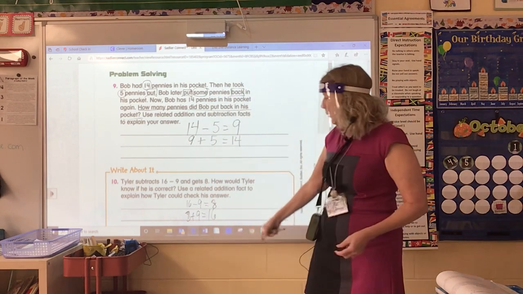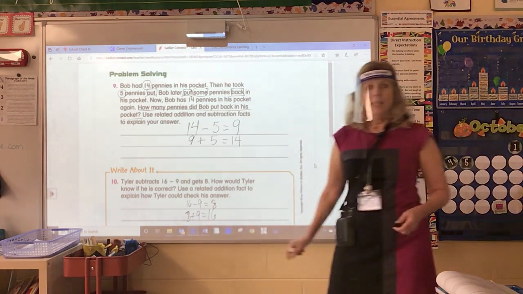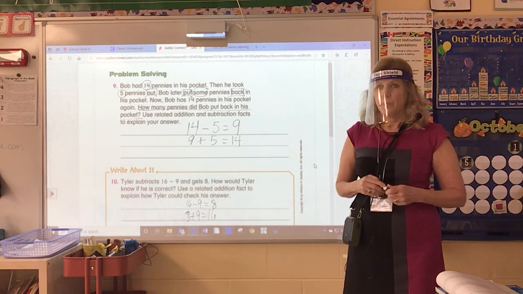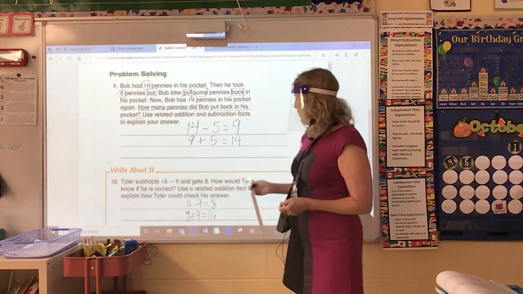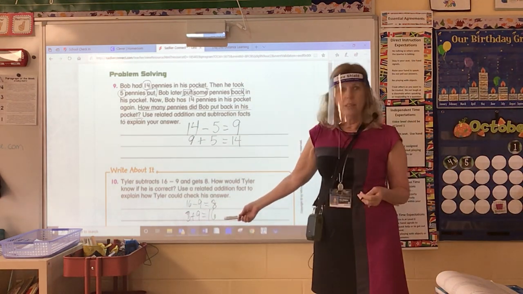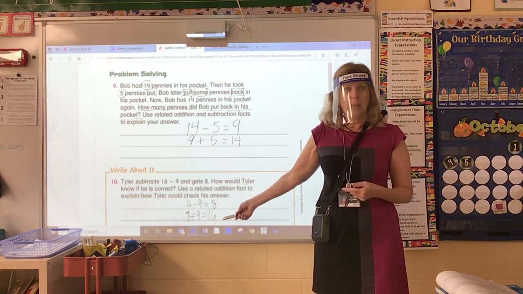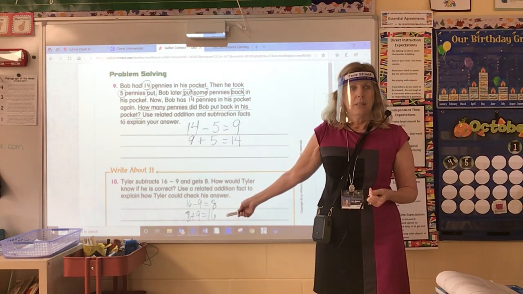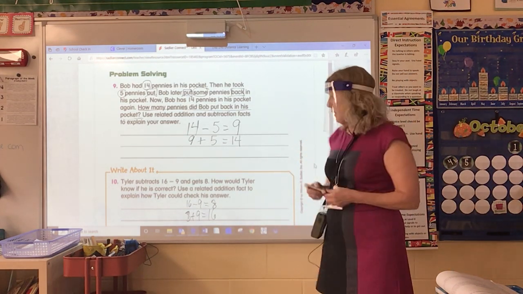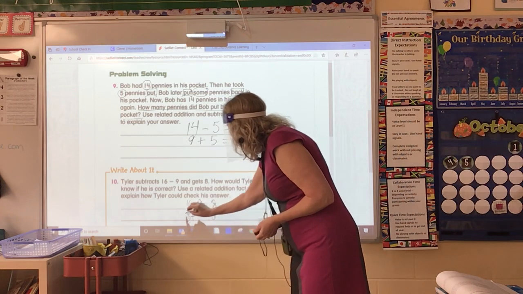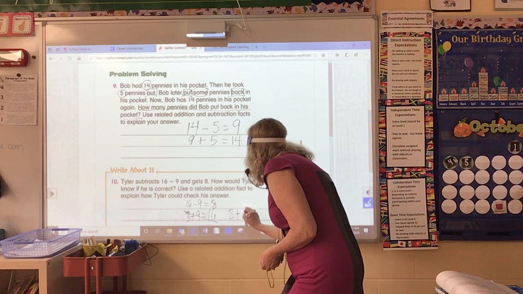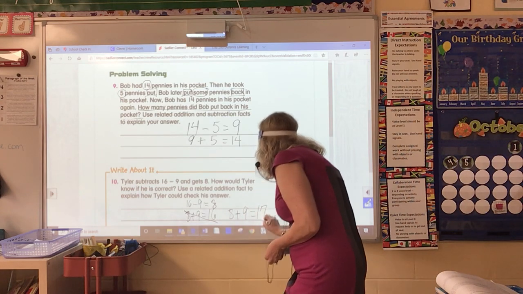Okay, so does 8 plus 9 equal 16? We're checking to see if he's correct. So we did our related addition to check, but when we added, is this correct? Equals 17. Okay, so is he correct? No.